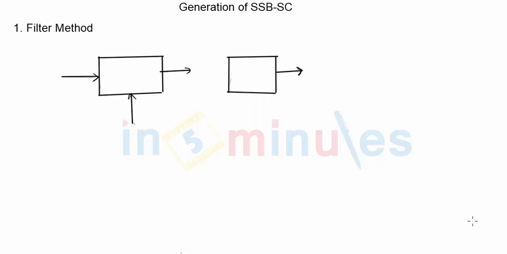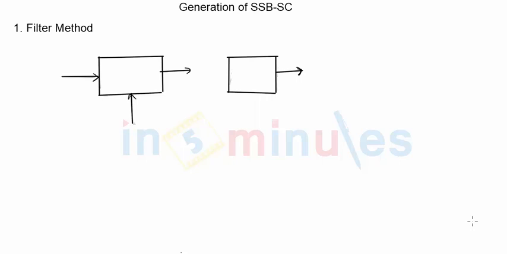That means you have to generate two sidebands first and then suppress any one of them. So the power efficiency of 50% that we had obtained in double sideband signal is still the same. The efficiency of single sideband systems will also be 50%. But there is an advantage in terms of saving of bandwidth, because we have to now transmit only one sideband.